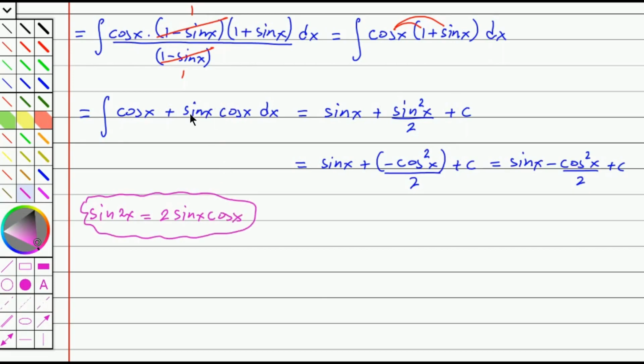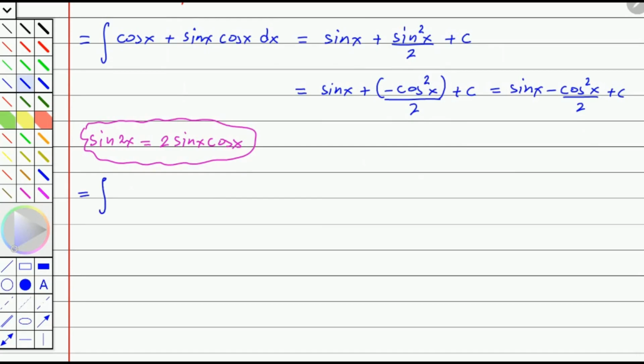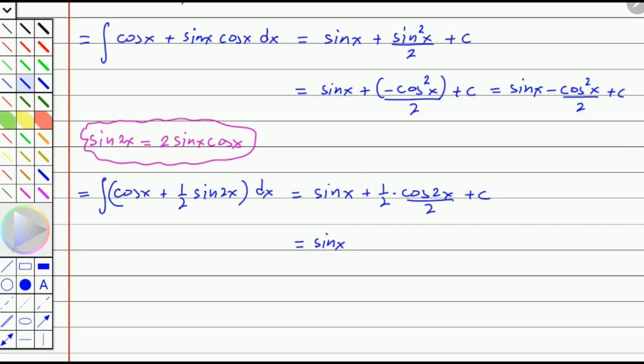So you might say that we can turn this into an even easier function to integrate, which is going to be the integral of cosine x plus 1/2 sine of 2x dx, which is going to be sine x plus 1/2 times cosine of 2x over 2 plus c, which is also sine x plus cosine of 2x divided by 4 plus c.